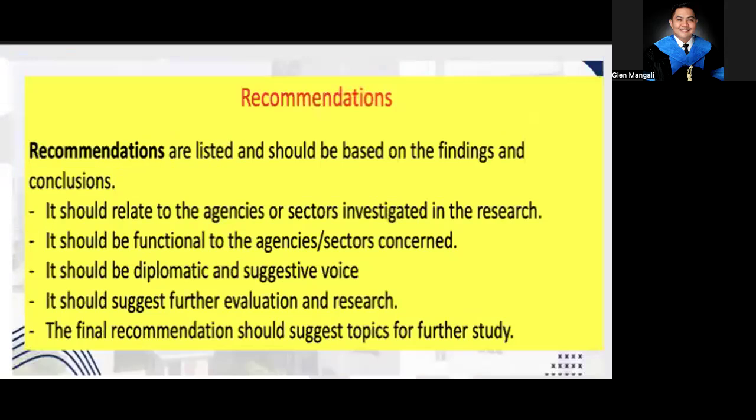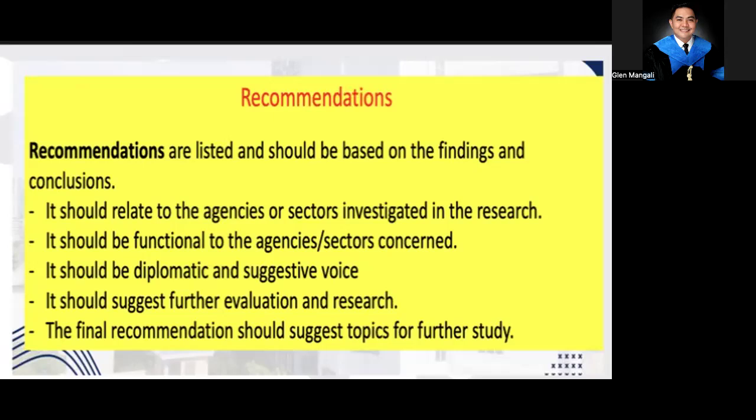And finally, in recommendation, the recommendations are listed and should be based on the findings and conclusion. So what are the things that we need to remember? It should relate to the agencies or sectors investigated in the research. You should also focus on the functionality to the agency or sector concerned in your research.